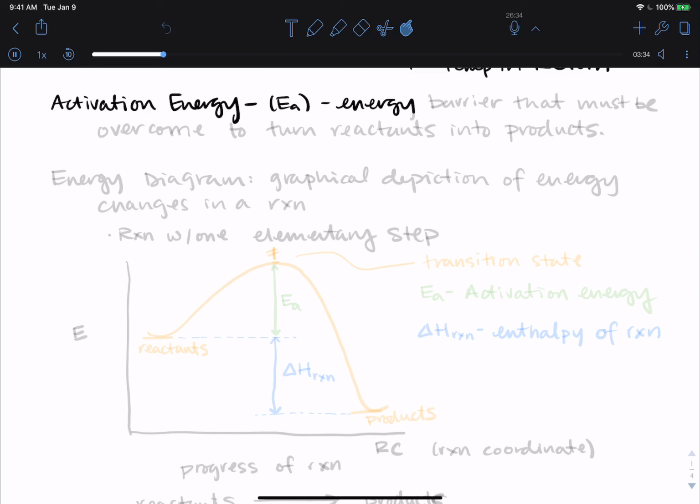Or if you've learned about this before, sometimes we'll call it a hill that must be overcome to turn reactants into products.